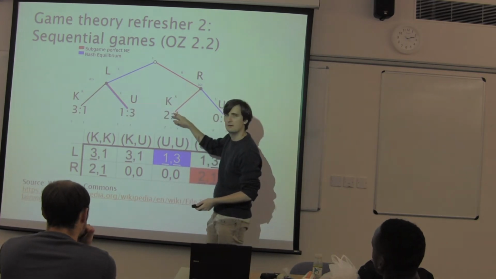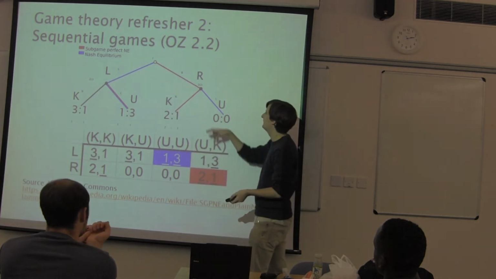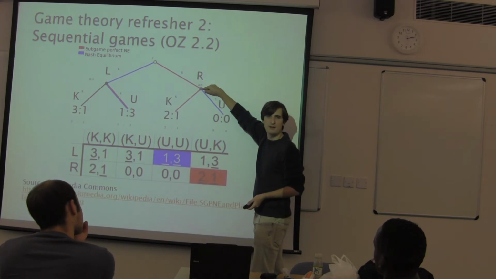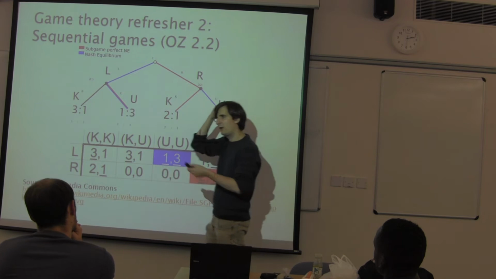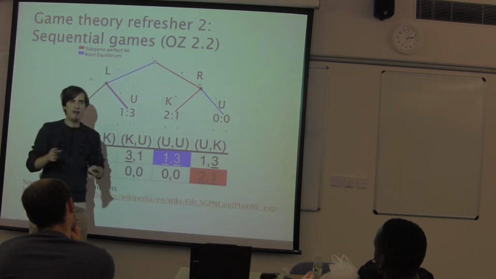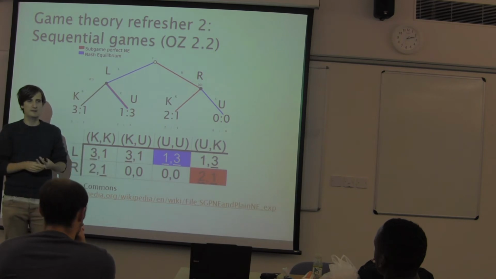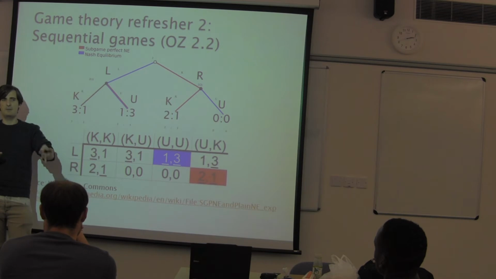Whereas in this other equilibrium, at this point in the game tree, player 2 is promising to do something crazy. So when you're solving for subgame perfect Nash equilibria, you have to imagine everything that could possibly happen, even if you think it never will, and you still have to check that people are behaving sensibly in that outcome.